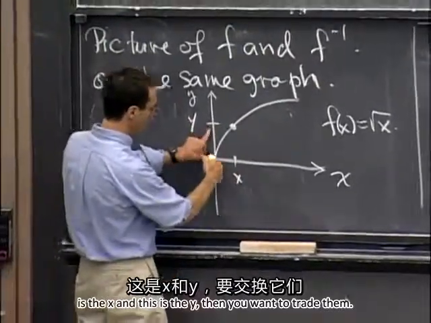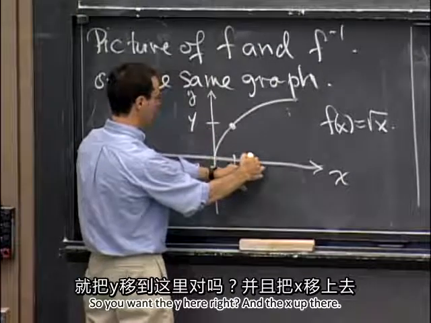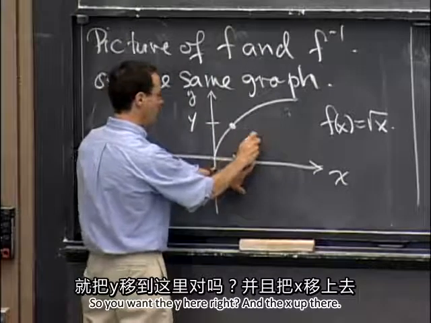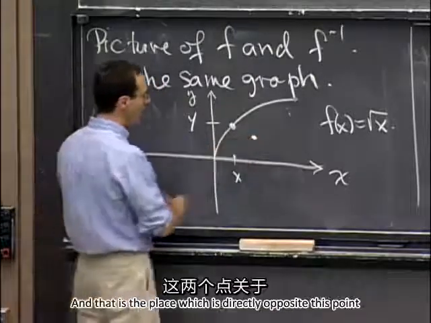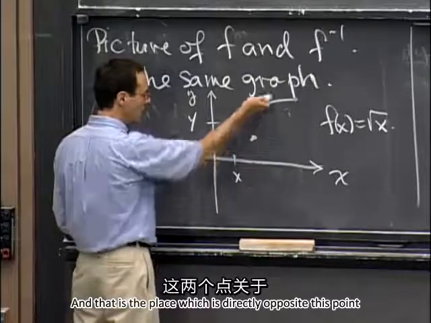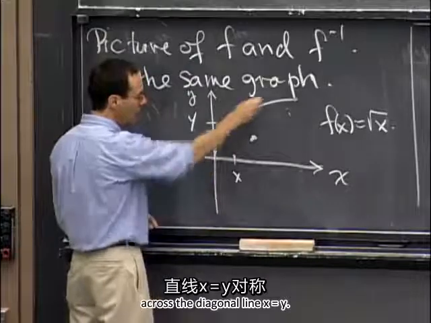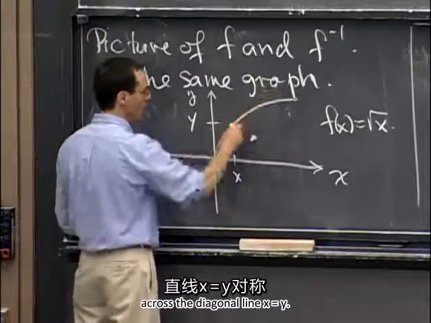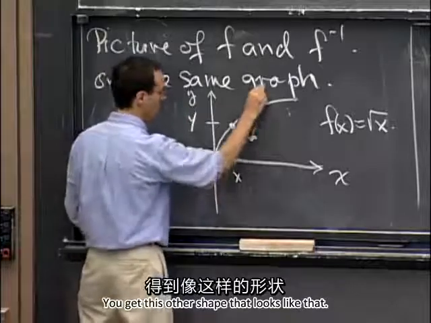Then you want to trade them. So you want the y here, right, and the x up there. So it's this sort of opposite place over there. And that is the place which is directly opposite this point across the diagonal line x equals y. So you reflect across this, or you flip across that, and you get this other shape that looks like this.